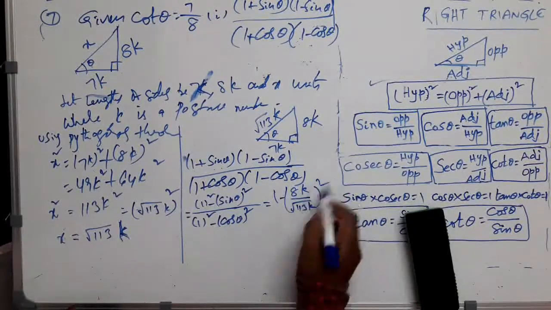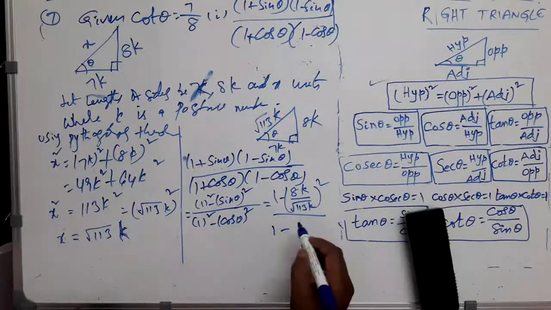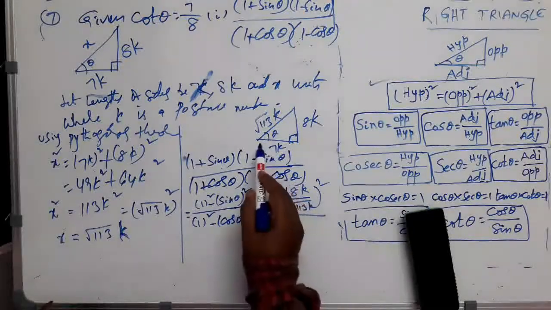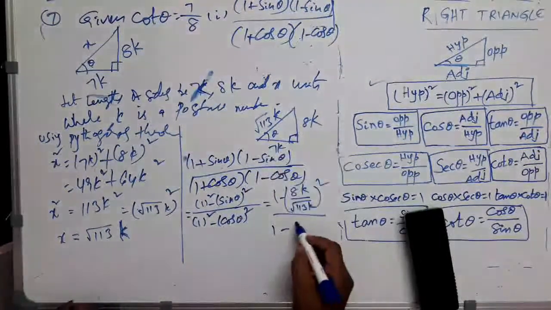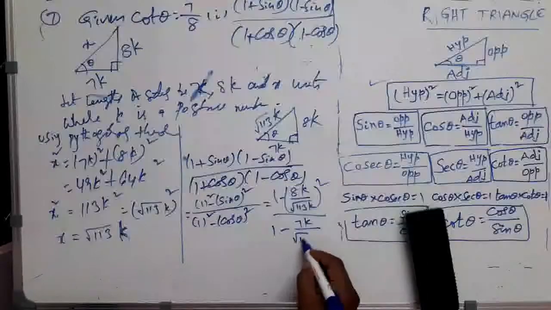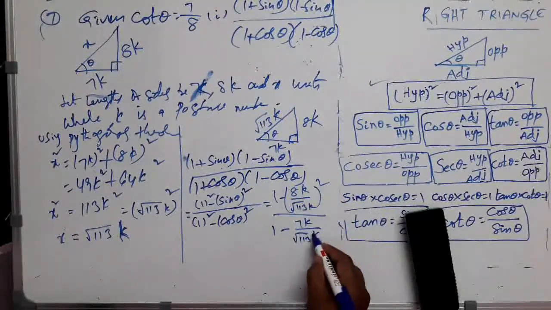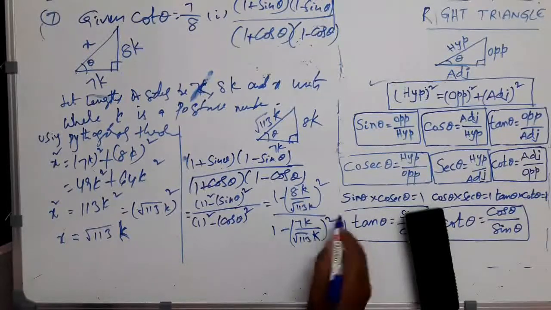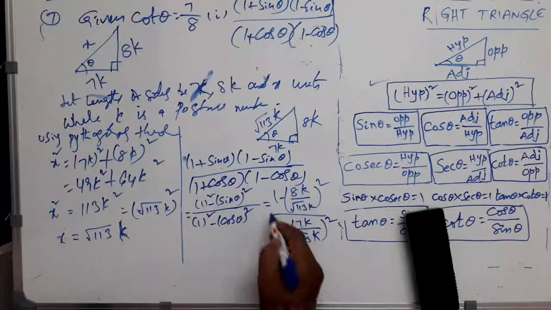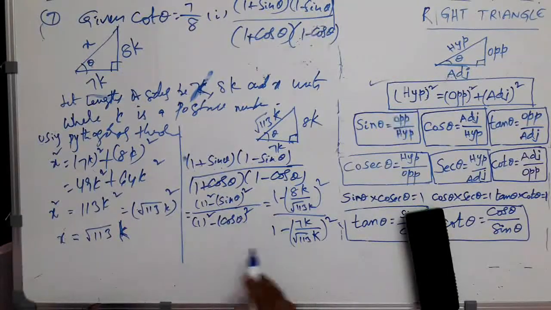Divided by, in the same way, 1 square is 1 minus cos theta. What is cos theta? Adjacent side by hypotenuse, that is 7k divided by the hypotenuse, root 113 into k, whole square. Of course, this is also squared, I am not writing that. 1 square is 1, we know, right?